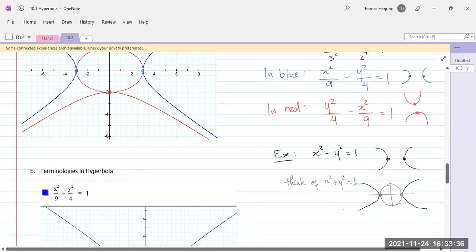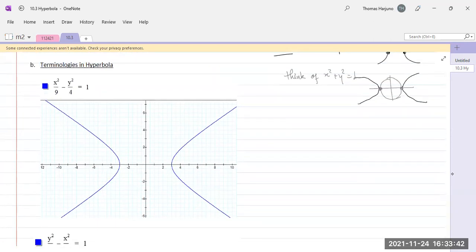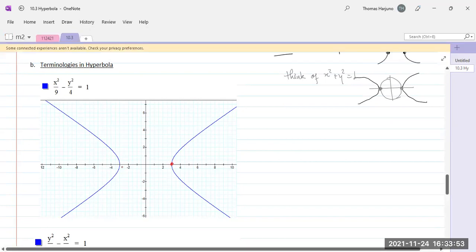Okay, now let's go back to the second part, terminologies. We implicitly have learned the word vertex. This point and this point here are called the vertices.